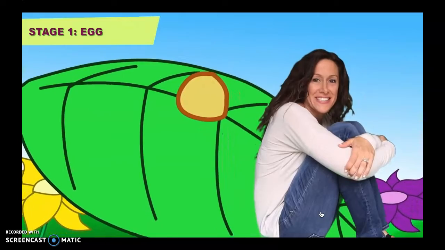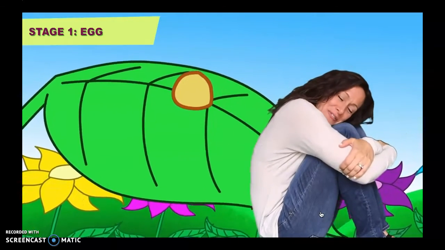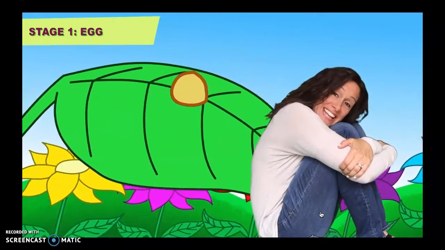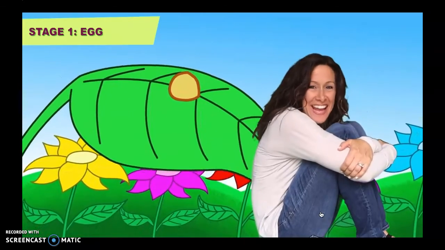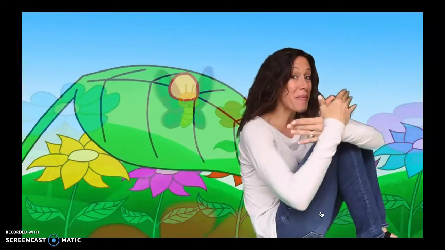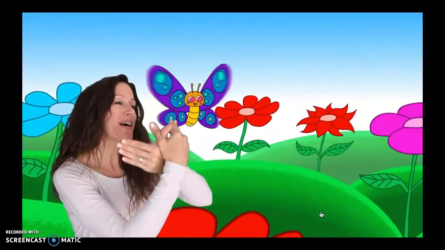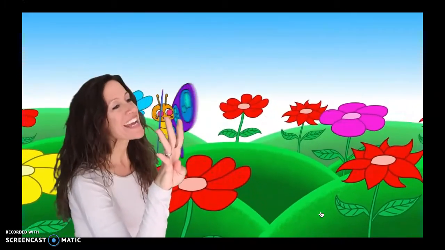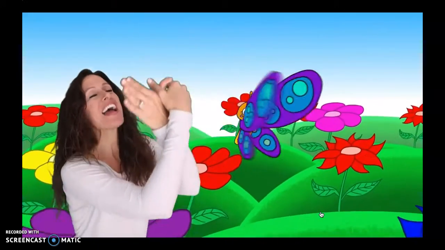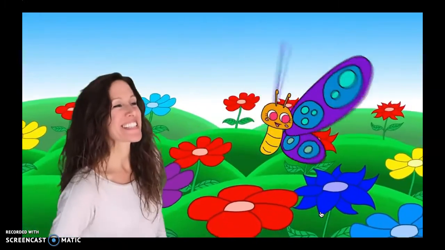Now wait 4 days. This is the butterfly dance. There are 4 stages to the butterfly, and this is the butterfly dance.